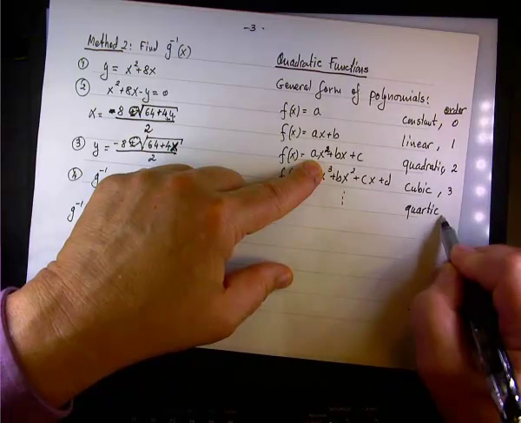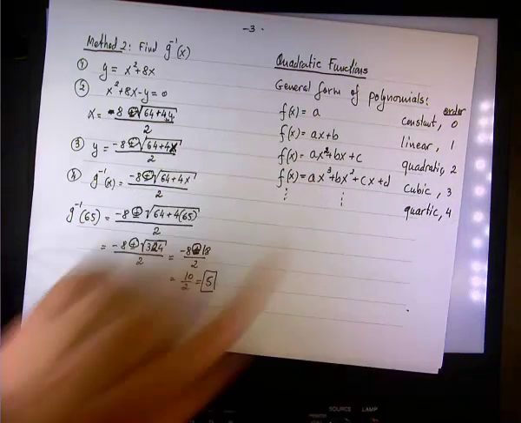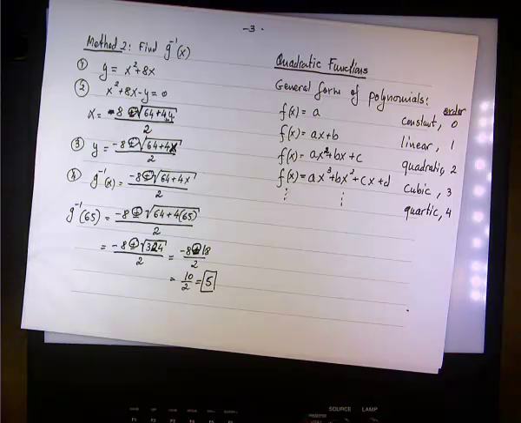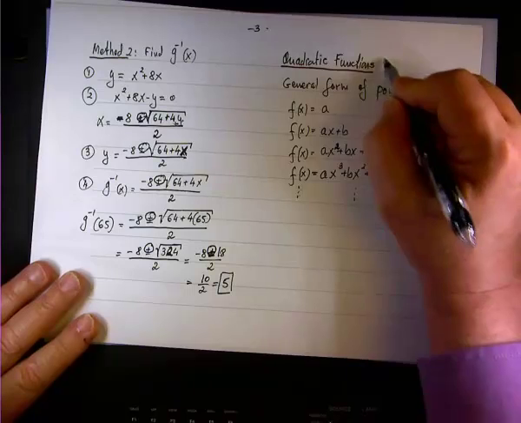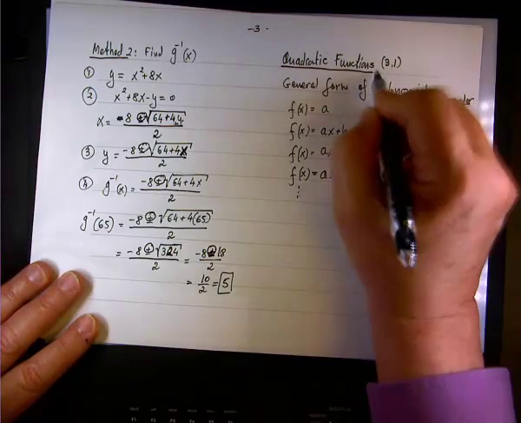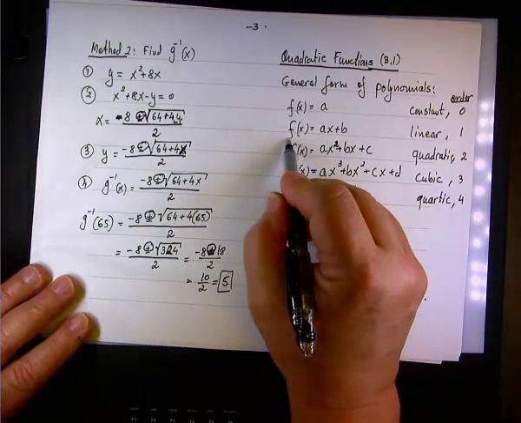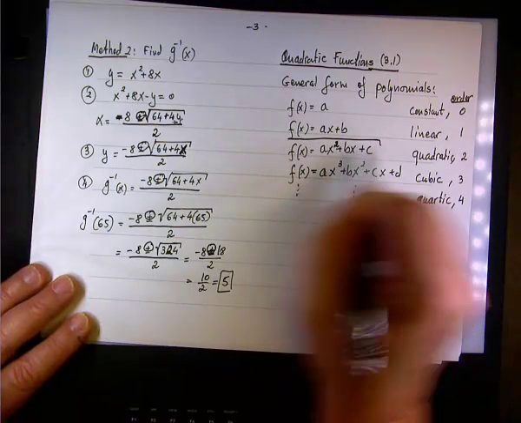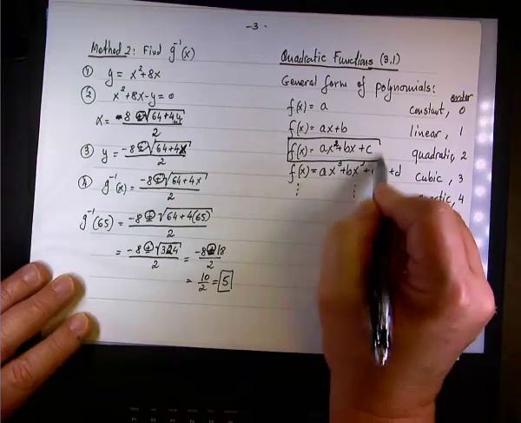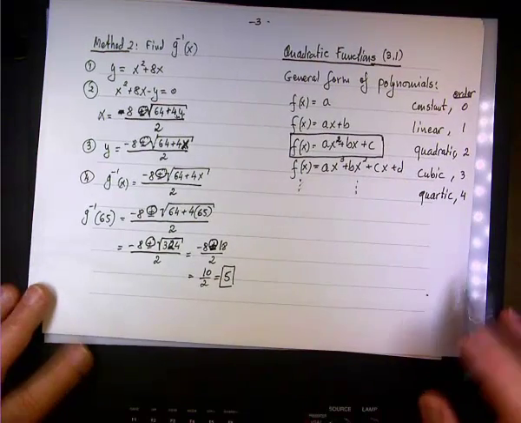Third order polynomial, and the quartic will have x to the 4th in it. Okay. So we are looking at this particular function right there, and this is the general form.